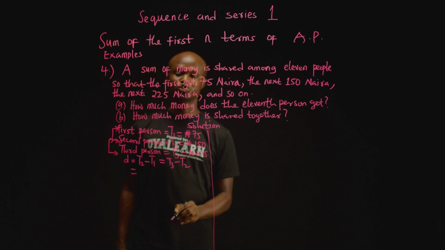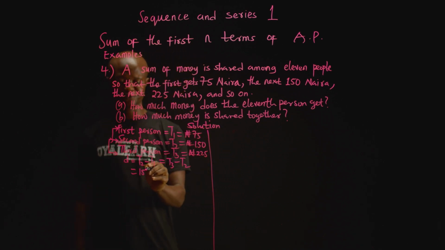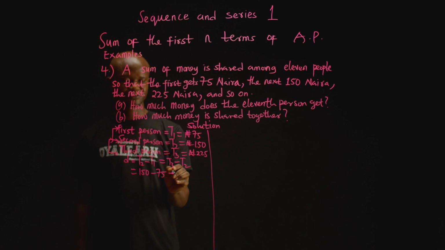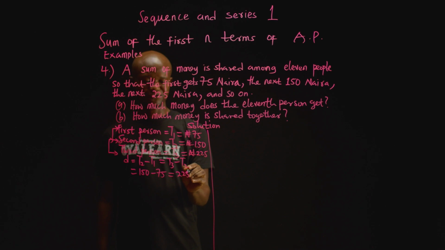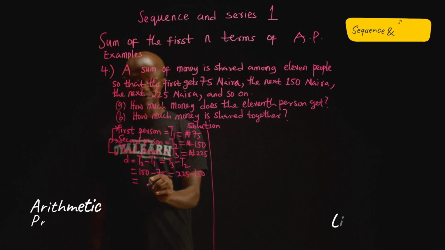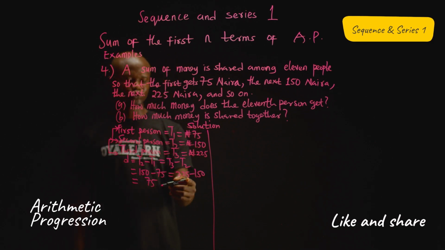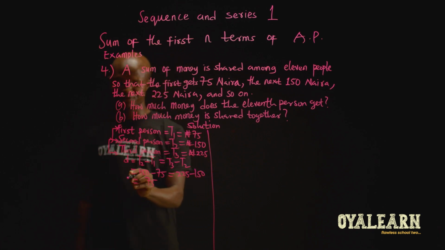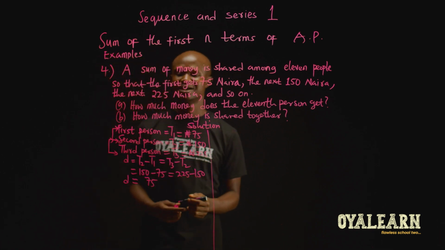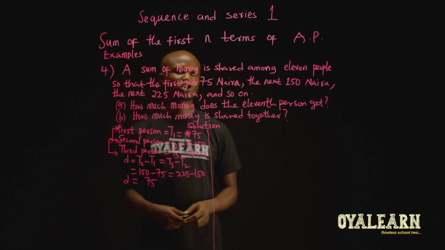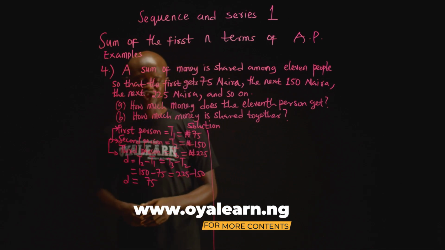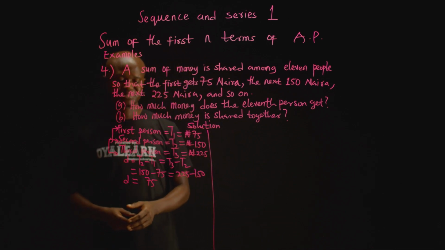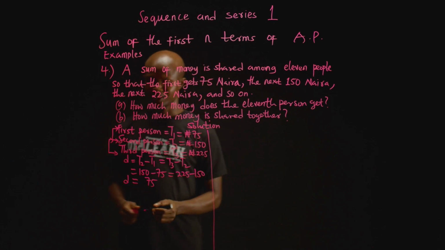So we have 150 minus 75, and 225 minus 150. 150 minus 75 gives us 75, and 225 minus 150 also gives us 75. So the difference between two persons in order is the same, which shows that the common difference is 75.